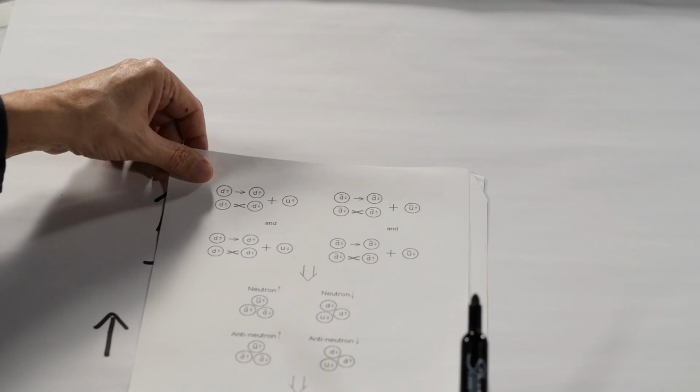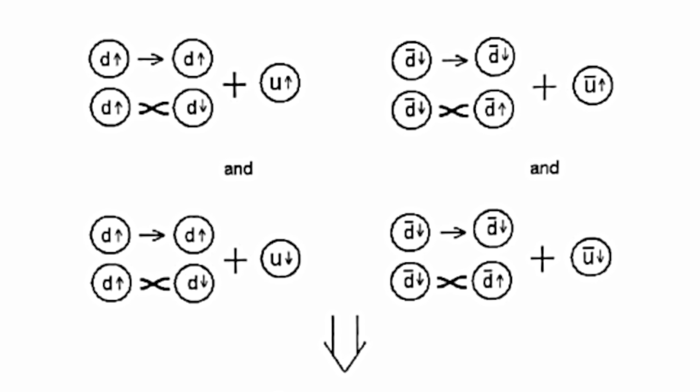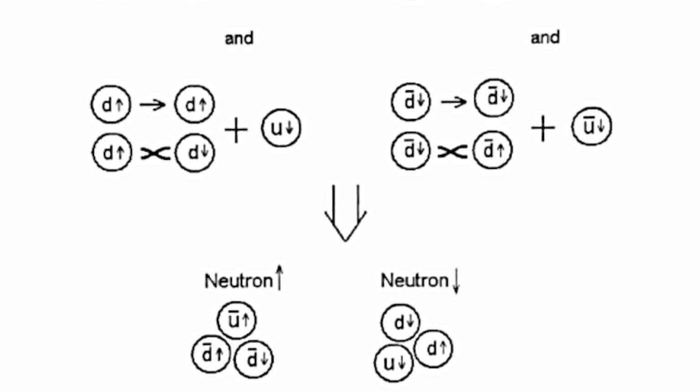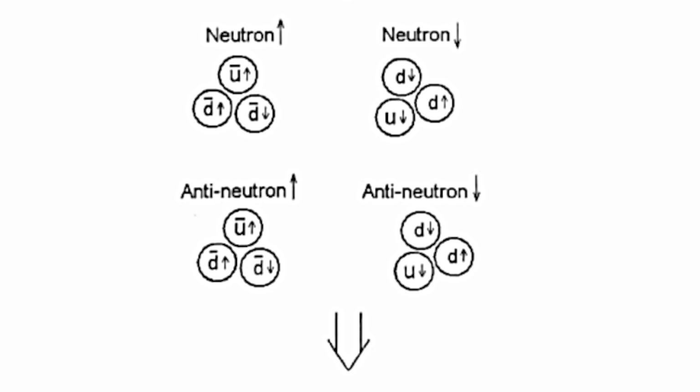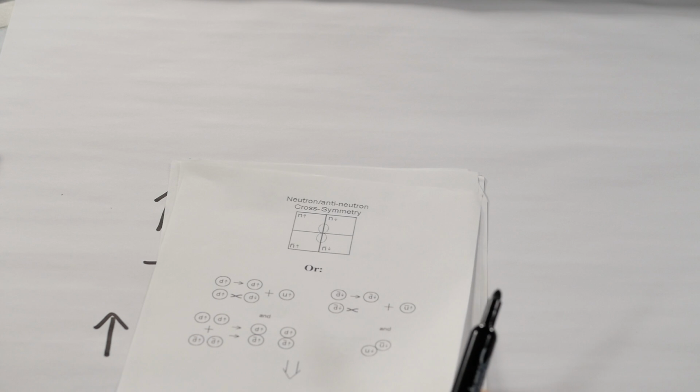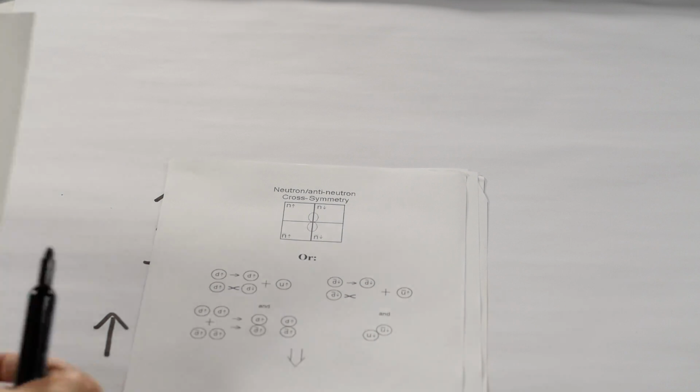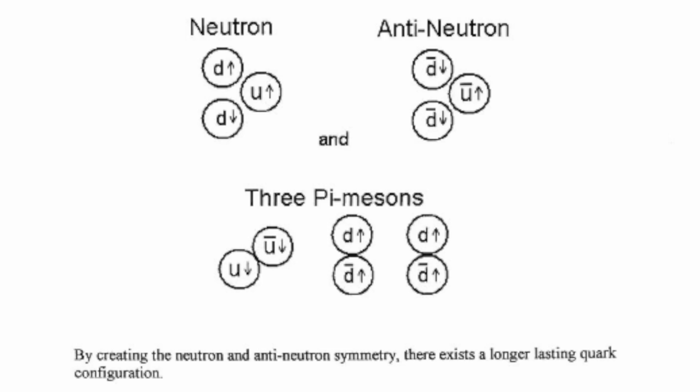So we'll go ahead and draw this nicely. Here we can see, almost like an atomic structure, how we're going from those symmetrical relationships into neutron, antineutron symmetry, right? And then what happens with those extra components is those become the three different potential pi meson configurations that then decay.